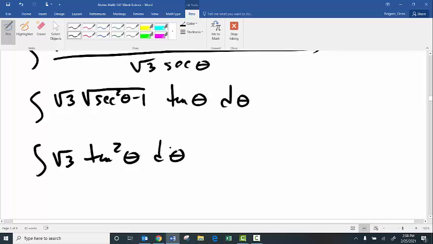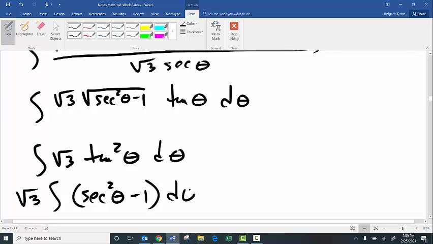So now we're integrating tangent squared. So the root 3 is just going to come along. Something in because we can't integrate tangent squared directly, so we write parentheses, secant squared theta minus 1, and your parentheses, and then a d theta.